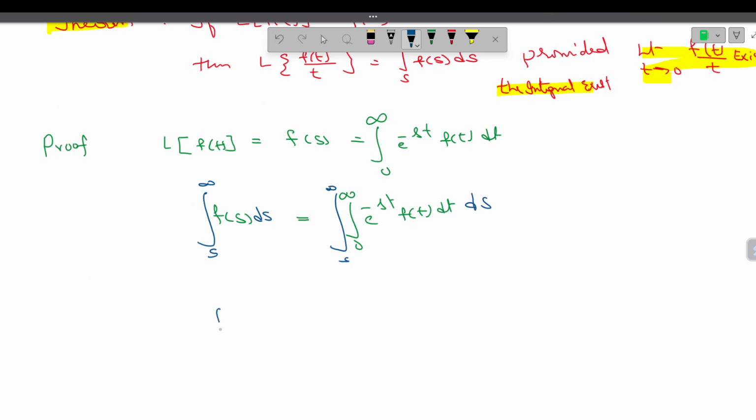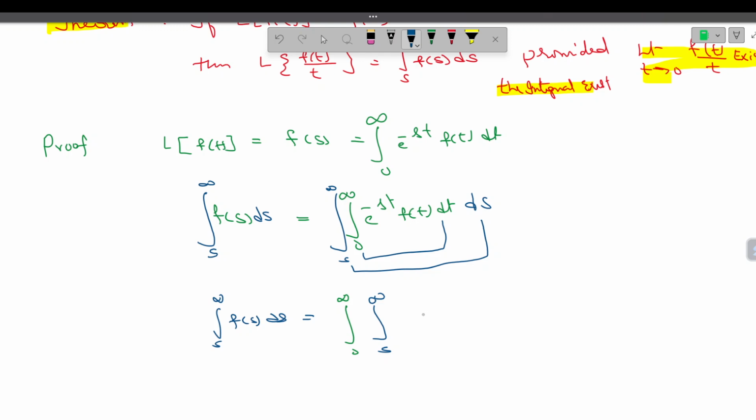Next, the integral from s to infinity of F of s ds as it is. Now you see this is for dt and this is for ds. So what I am doing is I am interchanging the integrals. That means 0 to infinity I am keeping as it is, then this is s to infinity.